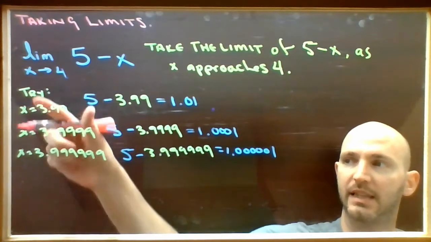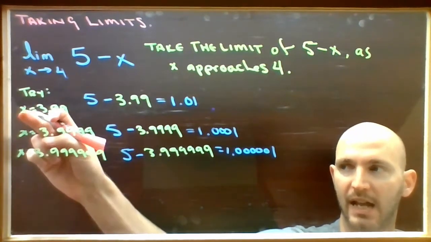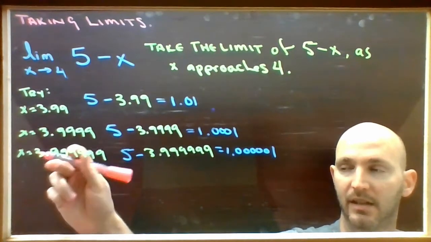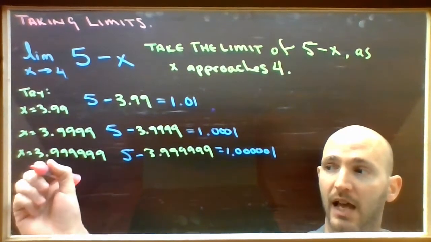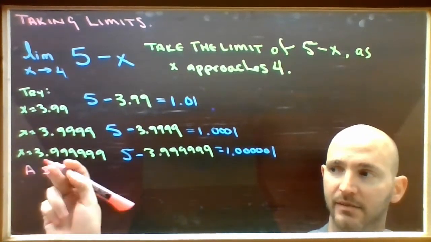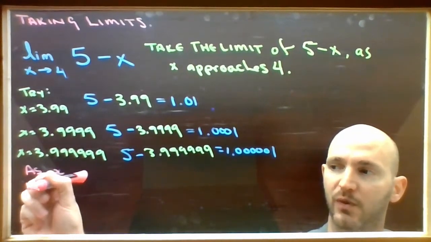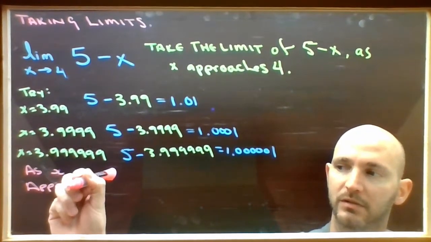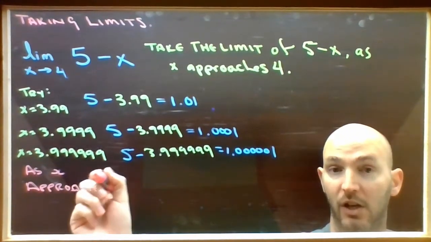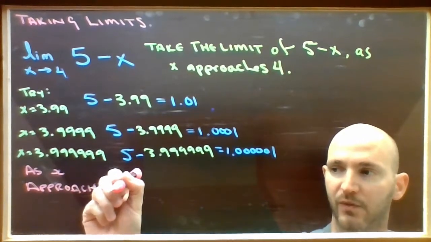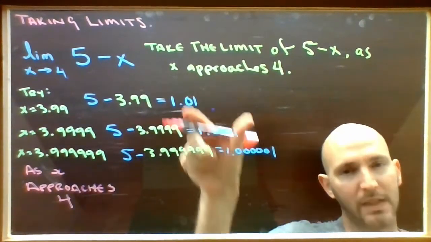Okay, lovely. So here's the trick and the art of taking a limit. I want to look at this column here. I want to see what's happening to these numbers. So as I go down the list, my x is approaching 4. So as x approaches 4, what's happening to this?